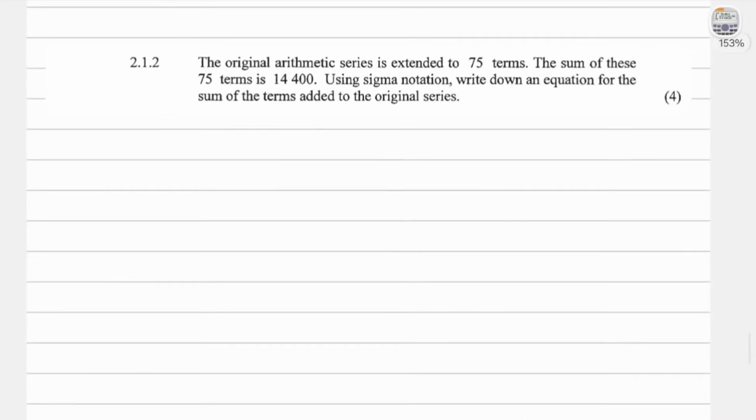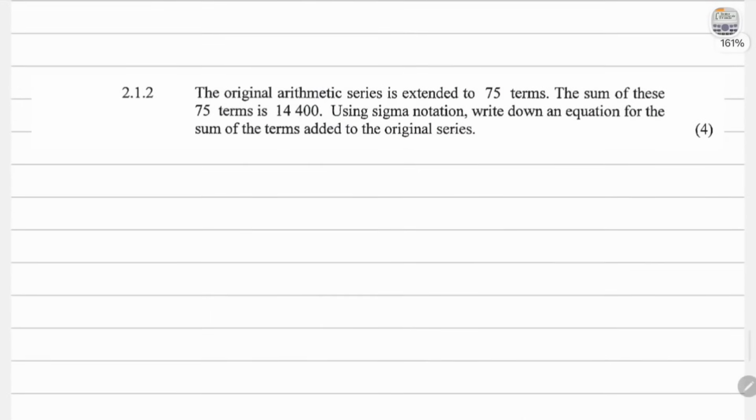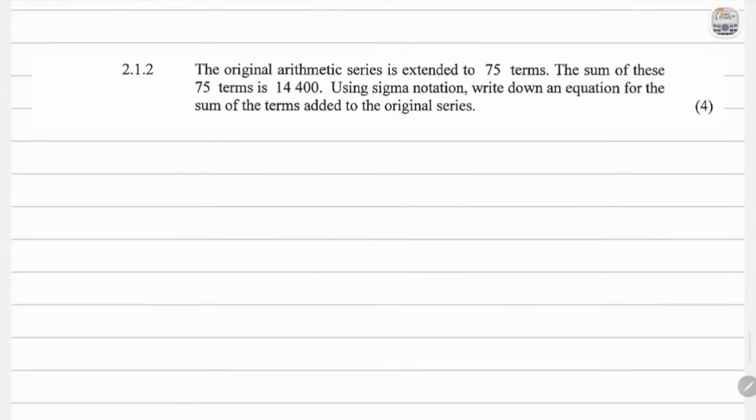Question 2.1.2 says the original arithmetic series is extended to 75 terms. Okay, let's go ahead and start annotating as we're reading through this question. So the original arithmetic series extends to 75 terms. So from 1 term to 75 terms. You see that they say it extends.